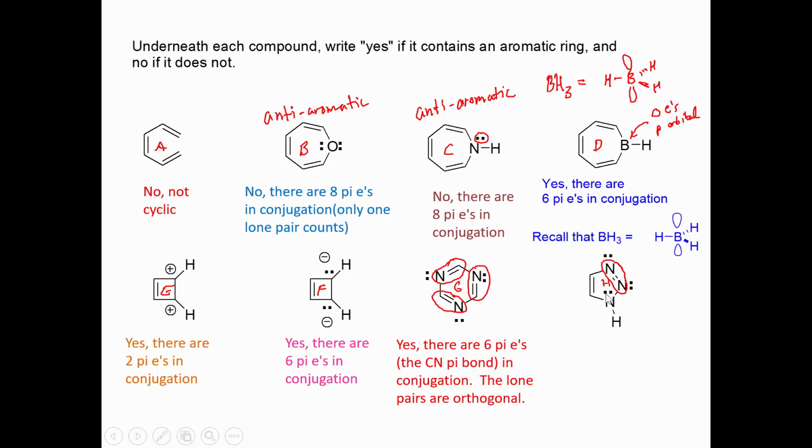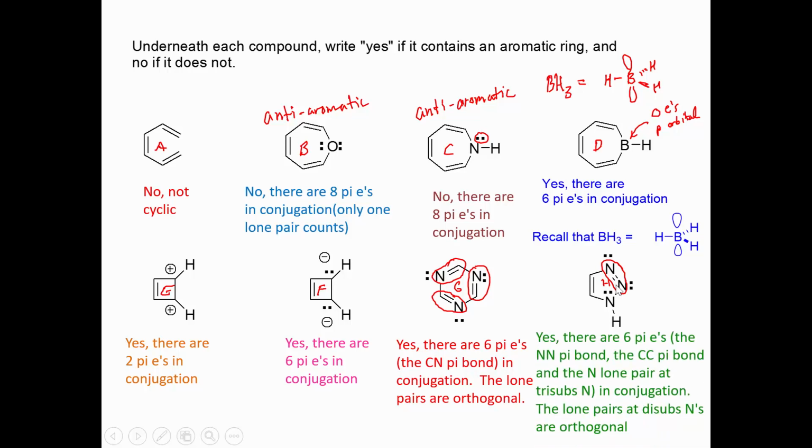So the lone pair at this nitrogen contributes. The lone pairs at these nitrogens do not, but the pi bond does contribute to the complete cyclic conjugation. So we have 2 from the nitrogen lone pair, 2 from the carbon-carbon pi bond, and 2 from the nitrogen-nitrogen pi bond. And this gives us an aromatic system.